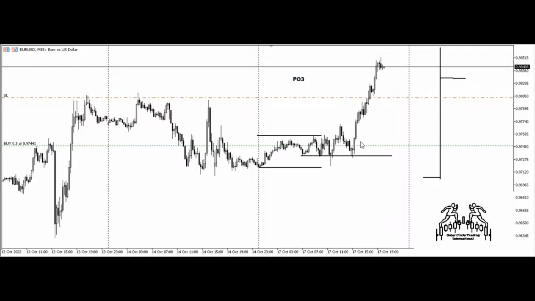So this is what I wanted to show you guys: not every time, when the London session opens, is price going to come below the opening or take the previous day low.